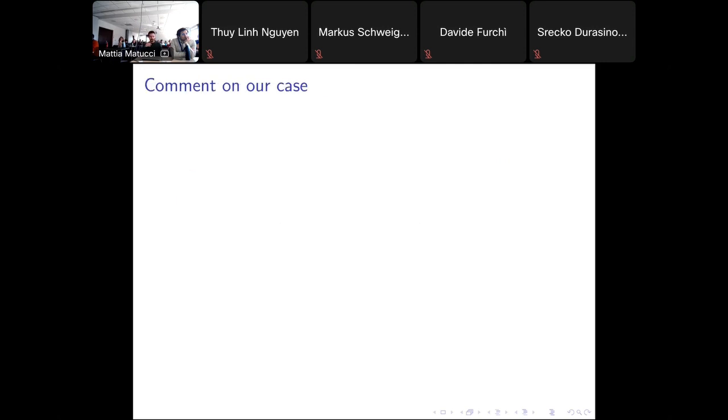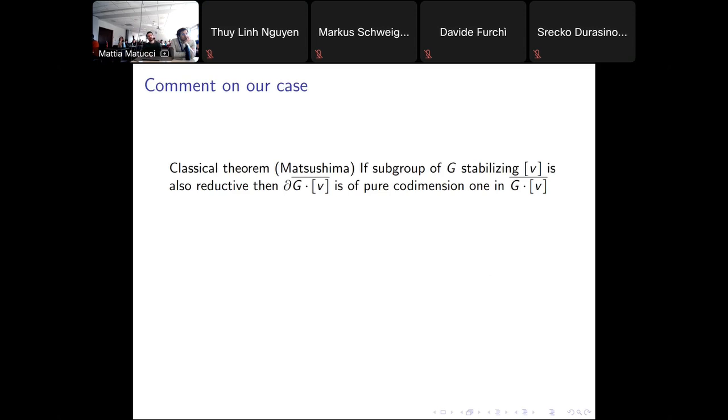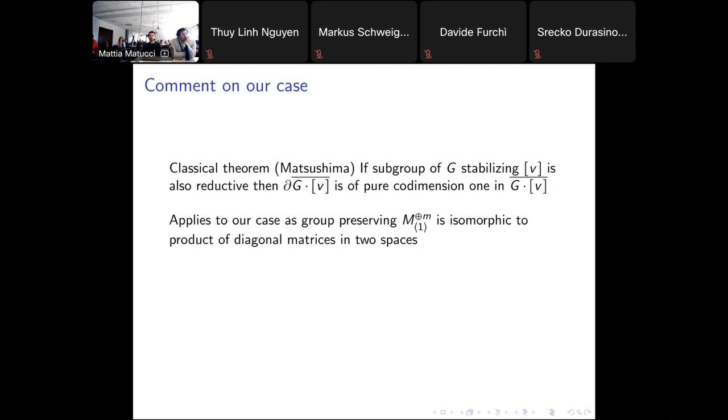So, small comment. There's a classical theorem due to Matsushima that if not only is G reductive, but the stabilizer of V, the symmetry group of V, is also reductive, then the boundary is of pure codimension 1, which gives us a lot of extra information about what this thing looks like. This applies to our case, as we saw the algebra of the group preserving the unit tensor is isomorphic to a product of diagonal matrices in two spaces.